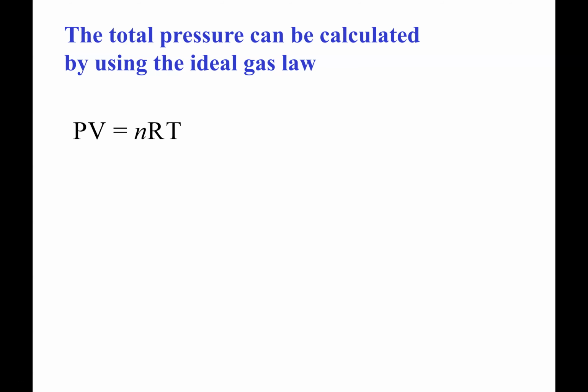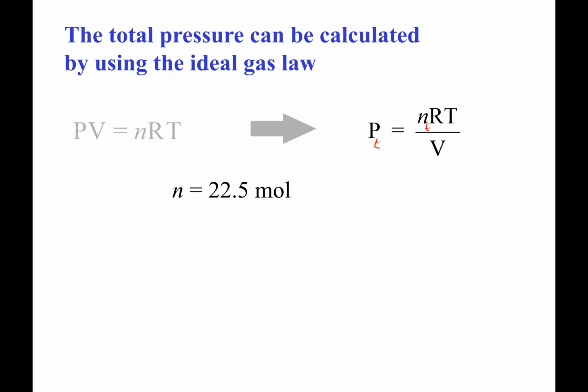Okay, so rearranging P equals nRT, we know that P, the total pressure, is equal to the total number of moles times R times T divided by V. Oh, we need to fix our Celsius temperature, so it was 27 Celsius, so we can add 273 degrees, and you're looking at 300 Kelvin with 3 sig figs. Of course, the volume was given, 250 liters.